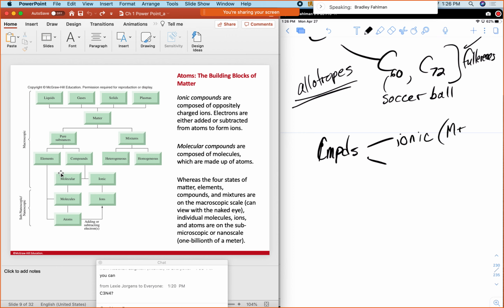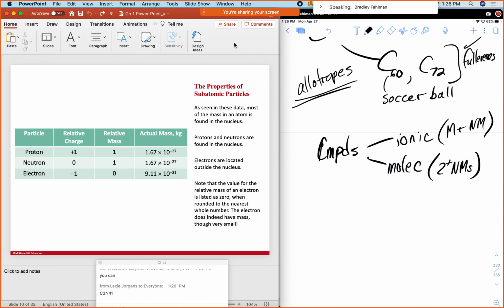Ionic is a metal plus a non-metal, and molecular are 2 or more non-metals. Any questions so far? That's really the classification of matter from this chapter.